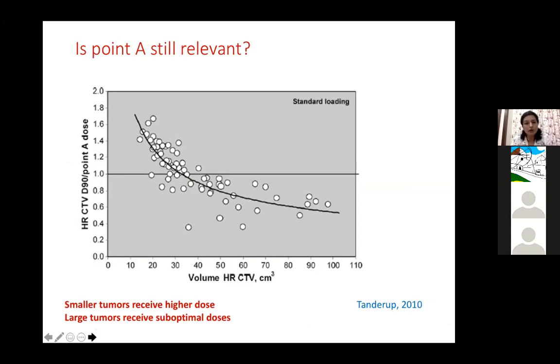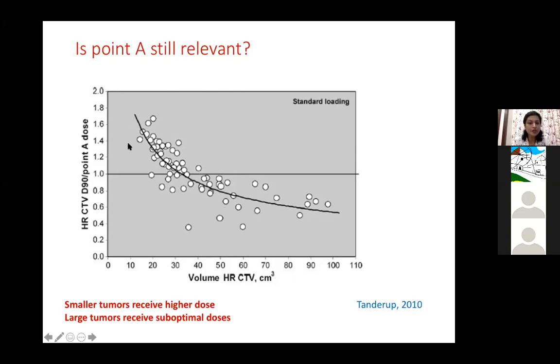So if we see, the majority of our tumors, which are maybe less than 4 centimeters, are well covered with point A. So if I talk about the majority of centers or high volume centers, where it is difficult to do an image-guided adaptive brachytherapy for each patient, quite a number of our patients will be covered by point A.